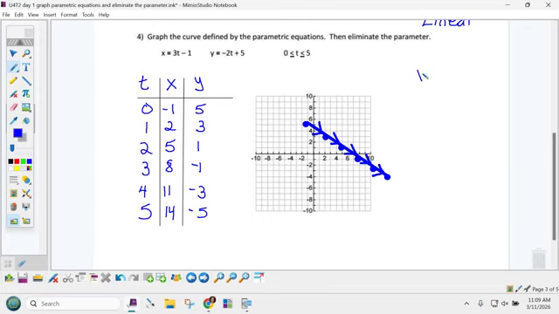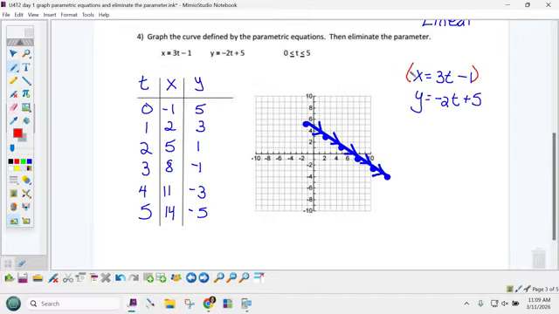Okay, so now for eliminating the parameter, I have a 3t and a -2t, and I want them to add together to be 0. So what's the least common multiple for 3 and 2? Oh, 6.